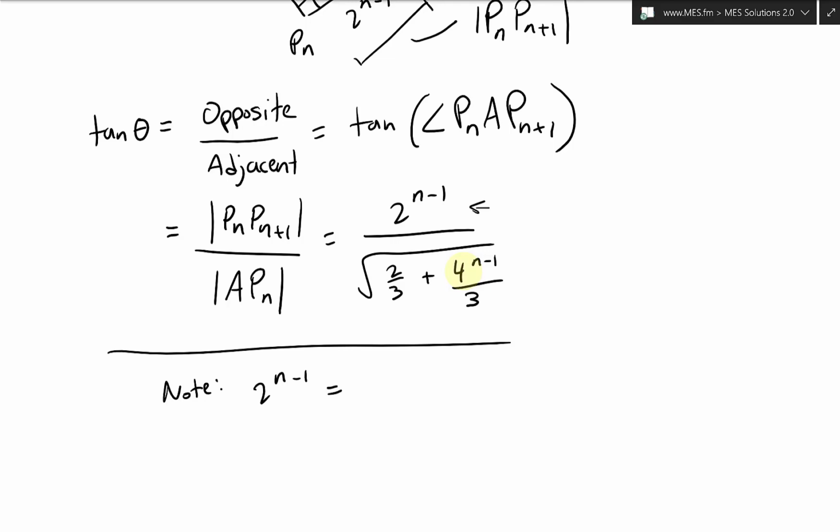It's the same thing as writing 2 to the n minus 1 squared and then square root, so we're not changing anything, just going back and forth. Then we'll bring this 2 down. So this equals the square root of 2 to the 2n minus 2. Or actually, better yet, do that same thing as before.